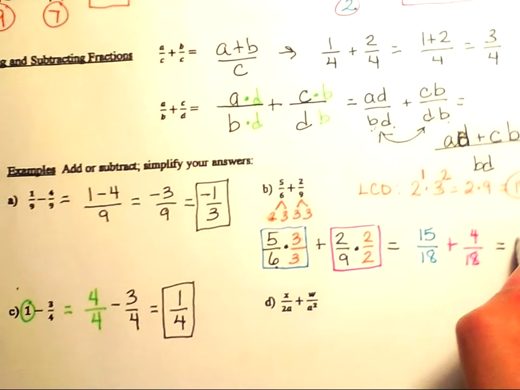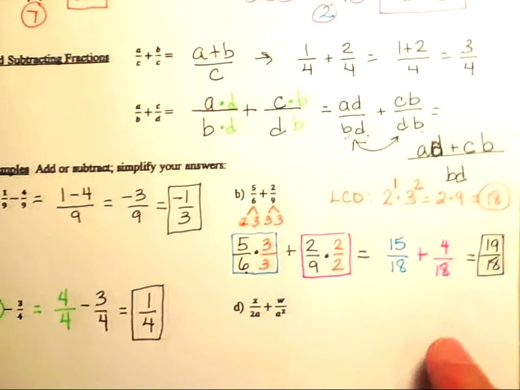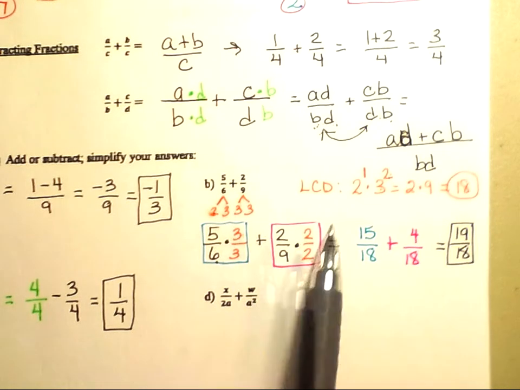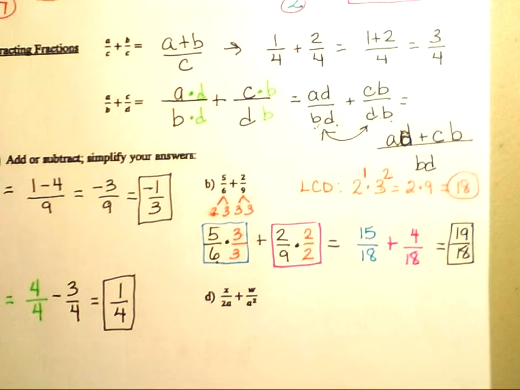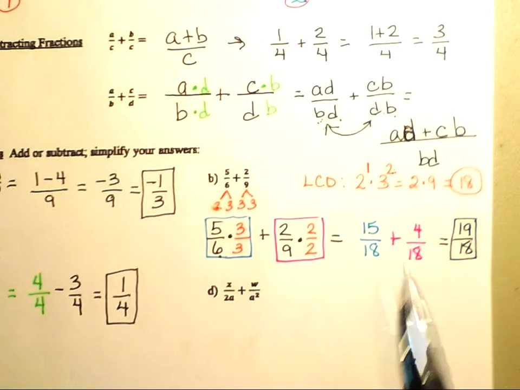So 15 plus 4 is 19 over 18. So this is going to take some practice, but you'll get it. And it becomes helpful when we're dealing with variables.